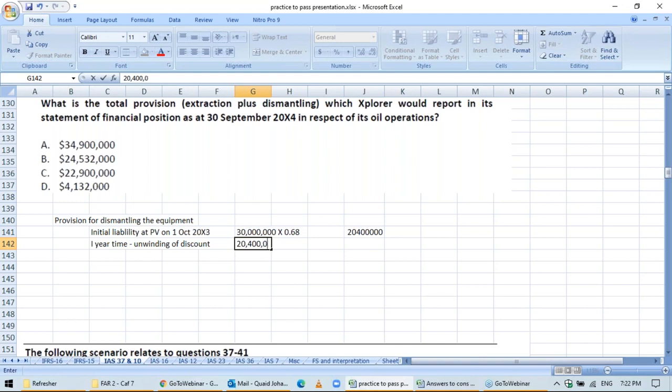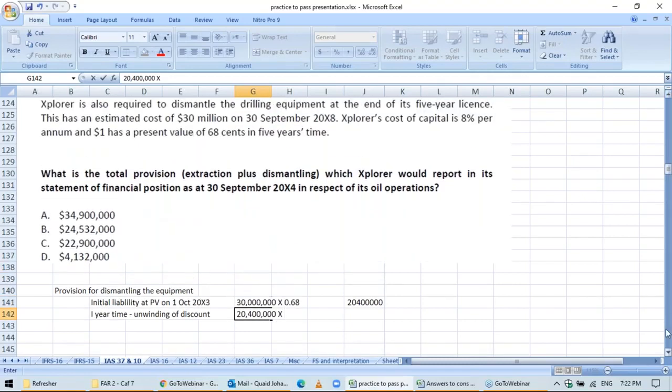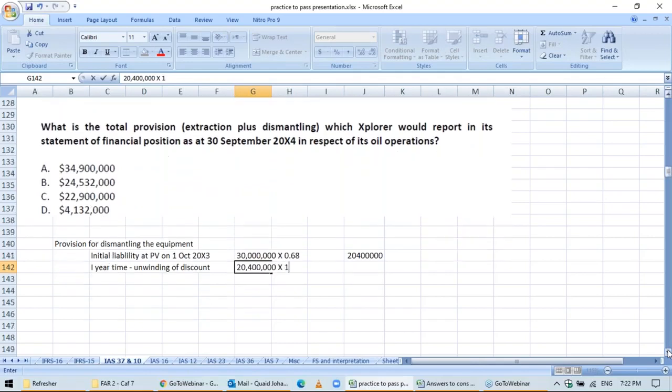20,400,000. Multiply this by the rate. They have given you a rate, which is 8%. Multiply by 1.08, so this increases by 8%. So one year's interest gets added to it. If you multiply by 1.08, you get the overall liability, or just multiply by 0.08 to get the interest.